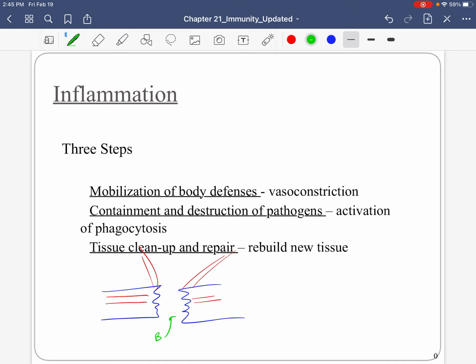Whereas this tissue used to be together, now this tissue has been damaged and bacteria wants to come on in. So we have to have an immune response associated with this. Simply because when we have tissue damage and inflammation, it just means that these foreign agents have another route to get in. So we need to protect against that. We're going to talk about the inflammatory process in terms of immunity in these 3 stages.